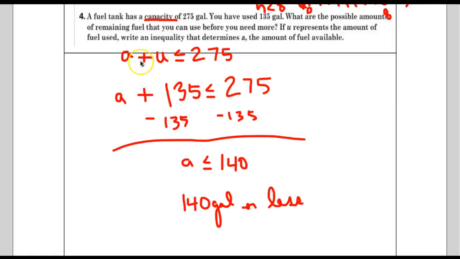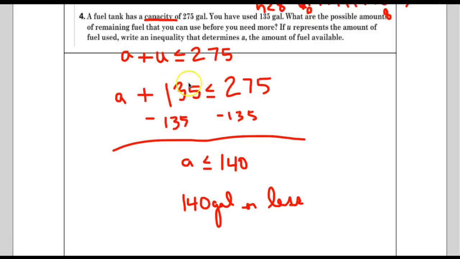I actually started doing this before I read the whole thing, so I had a completely different variable. At any rate, capacity of 275 means it cannot exceed 275. That's the maximum, so it can be less than or equal to 275. I don't know why it's in the order that it is, but the second part should actually be first. If U represents the amount of fuel used, and A represents available, then available plus used can be less than or equal to 275.